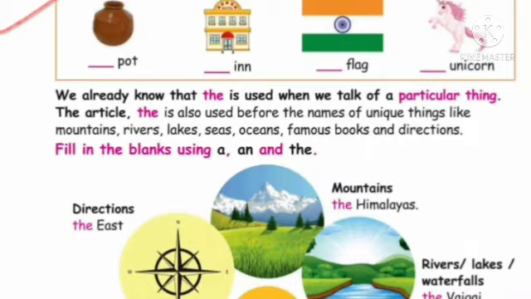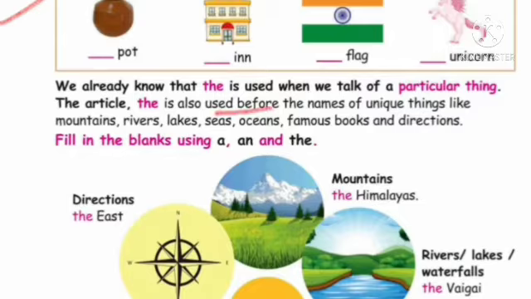The article the is also used before the names of unique things like mountains, rivers, lakes, seas, oceans, famous books, okay, and directions. So these things you have to remember, okay children, to follow the rule of articles. Then only you will be able to understand what articles are.